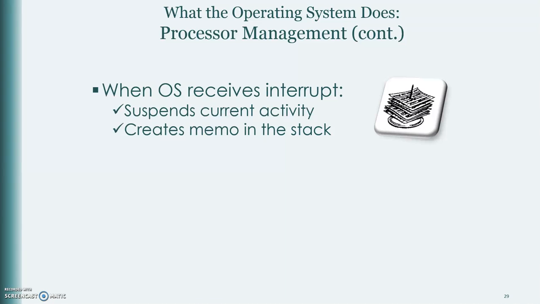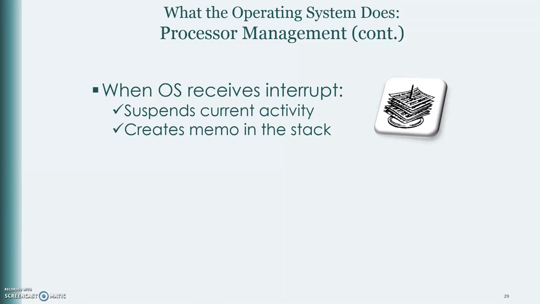The CPU then retrieves that printer request from the interrupt table and begins to process it. On completion of that printer request, the CPU goes back to the stack, our stack right here, retrieves its memo that said PowerPoint and screen capture software, and returns to the task at hand, until it receives another interrupt.